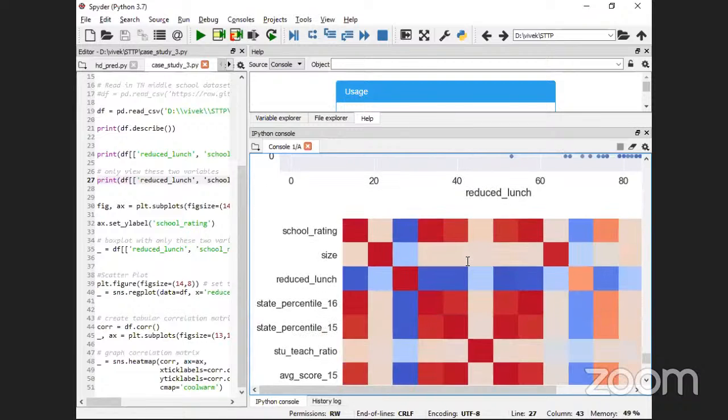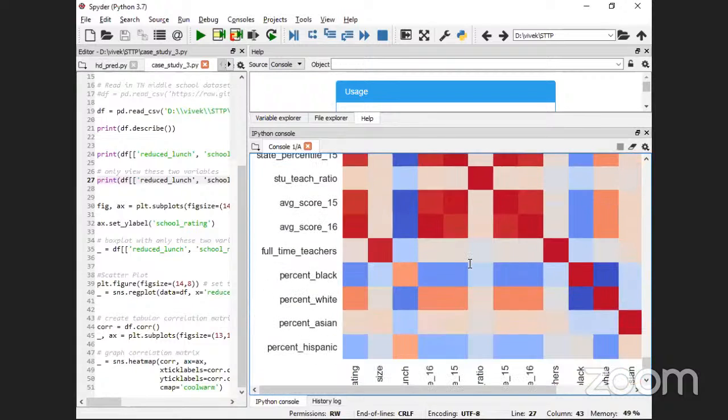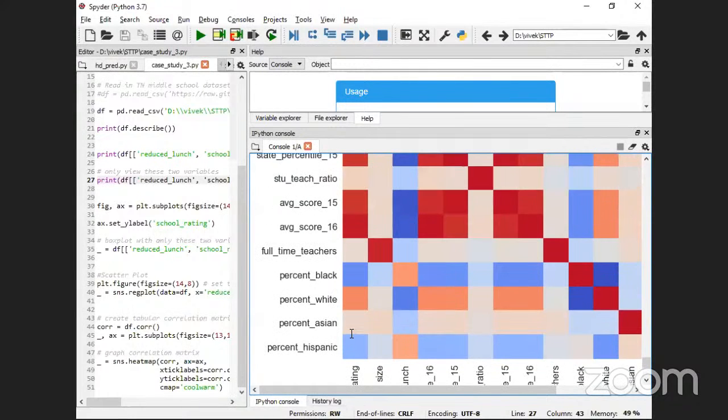And further, the heat maps. You can see here the heat maps, and you can extract some inference again with respect to each and every parameter. With respect to school rating, what are the other impacts besides reduced lunch?